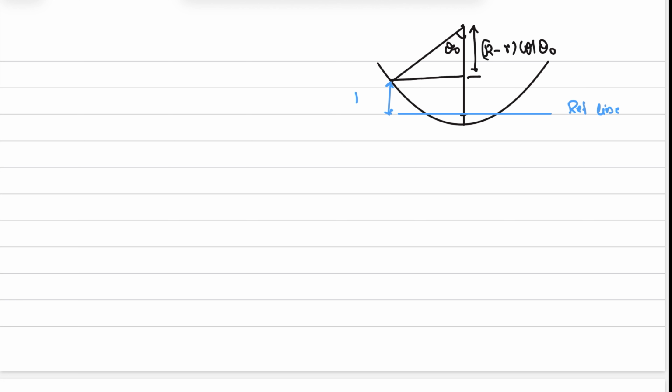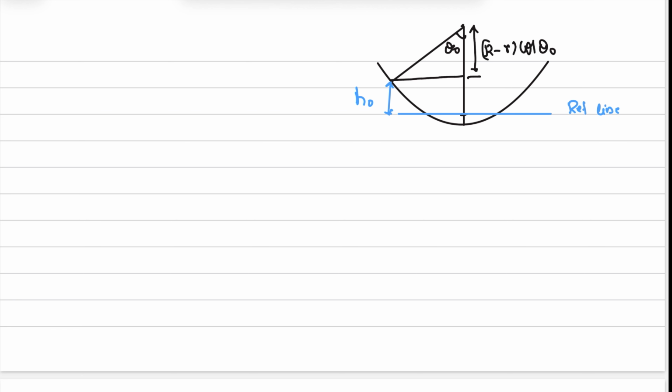Potential energy is always height with reference to a reference line. Potential energy cannot be absolutely found out. It is the difference with reference to the reference line. If the reference line is taken as 0, then from that reference line, what is the height we are measuring? That is going to be your difference in potential energy or potential energy.